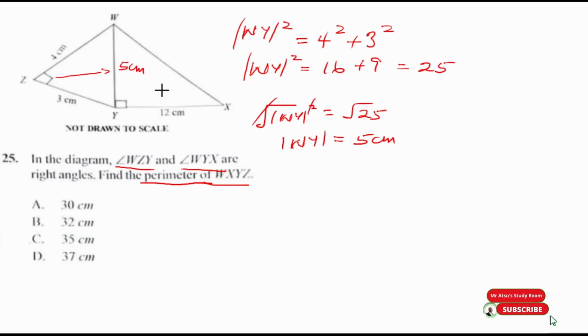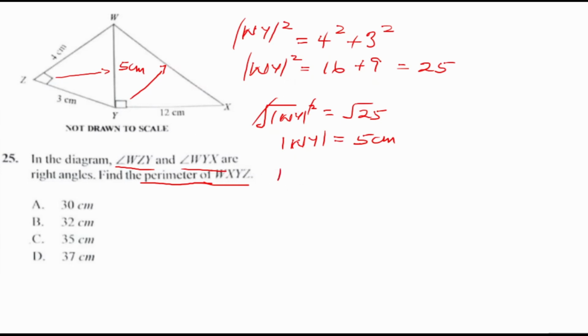Then that will also help us to find this side now. And again, this triangle is also a right triangle, just as given in the question. So this side that is opposite the right angle is the hypotenuse of the triangle. So you are doing a similar thing.